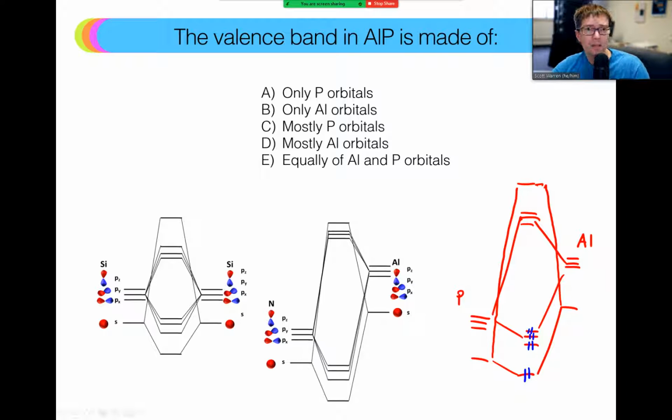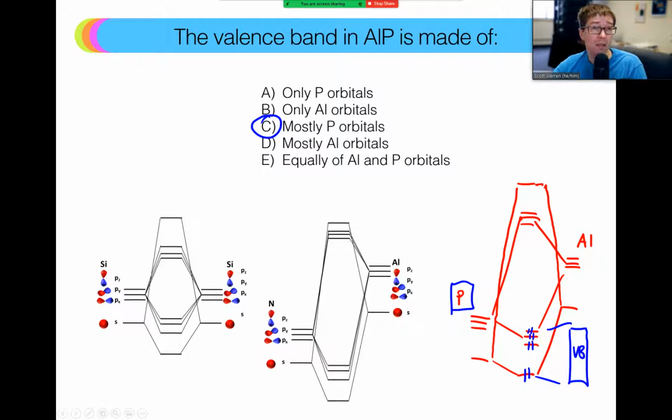Okay, so we've said that the valence band is made primarily from those orbitals closest in energy. That's clearly going to be because these states give rise to our valence band. We can therefore predict that the valence band is going to be made mostly from phosphorus.